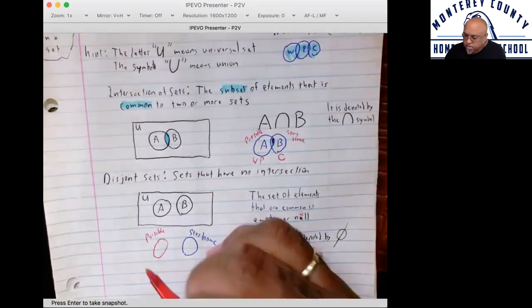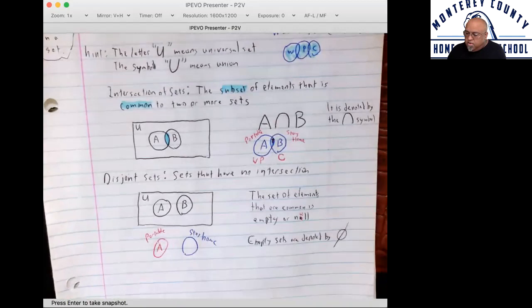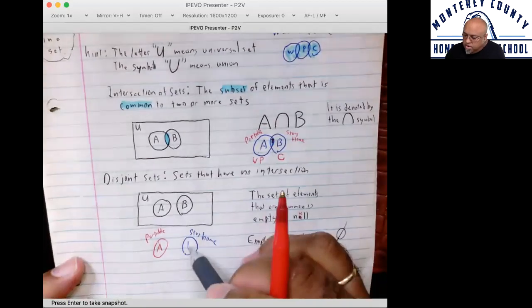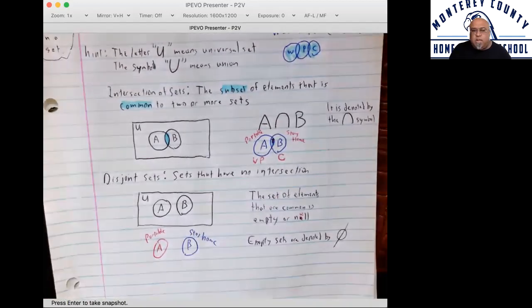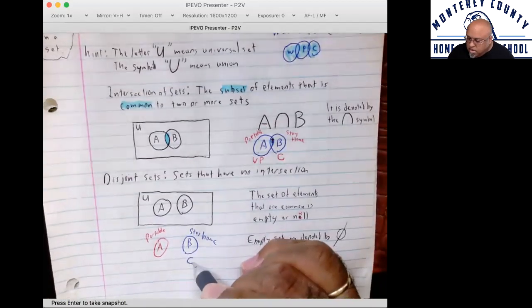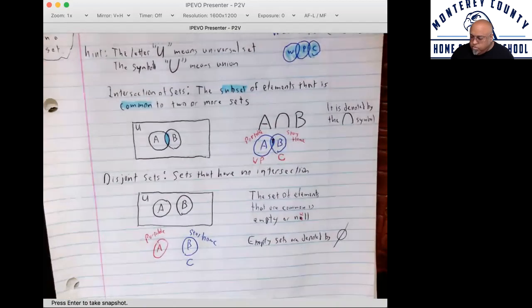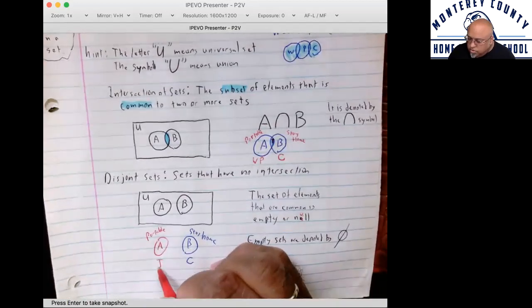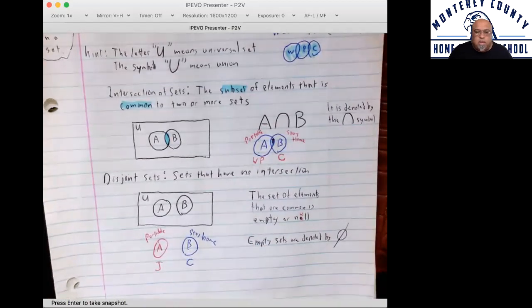Now, set A is portable and set B is stuff that stays home. What elements might be in your house? Well, let's take, for example, oops, sorry, wrong pen. Your clock stays home, but your Jordans will go with you, okay? Now, in a case like this, I look at Jordan shoes and I look at a clock. They don't really have any common elements, okay?